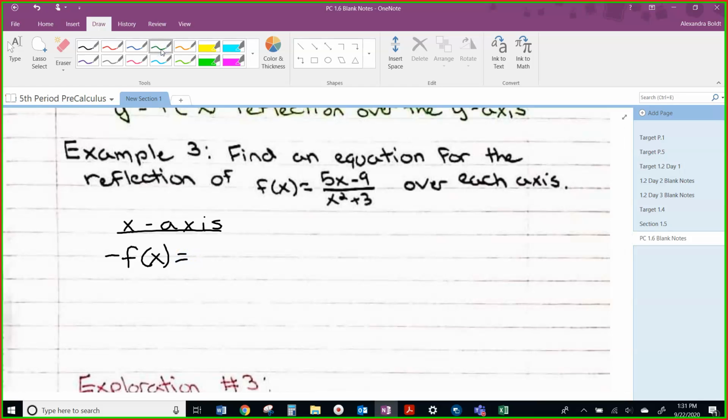Let's make it green. So that means I'm going to have a negative and then my function, 5x minus 9 over x squared plus 3. Okay, so since my f of x is this whole function here, the negative goes outside of that whole function.